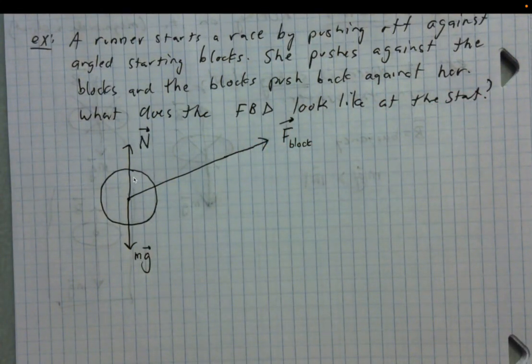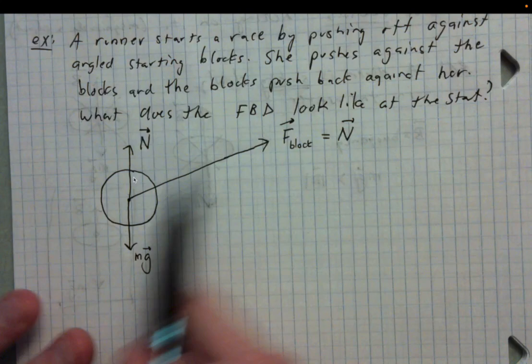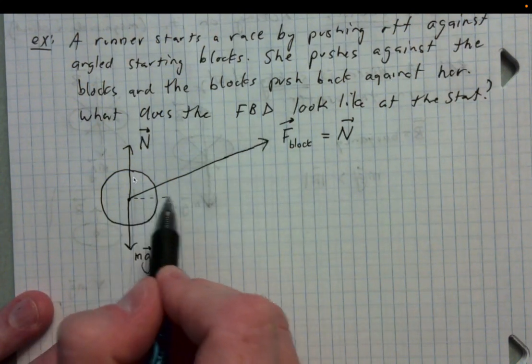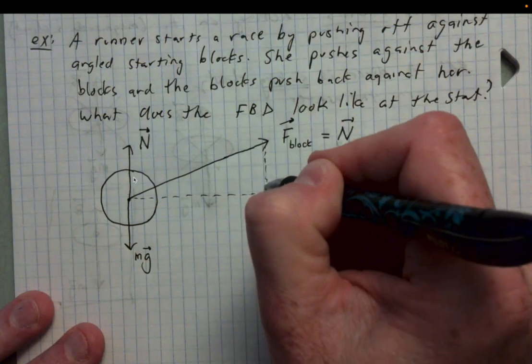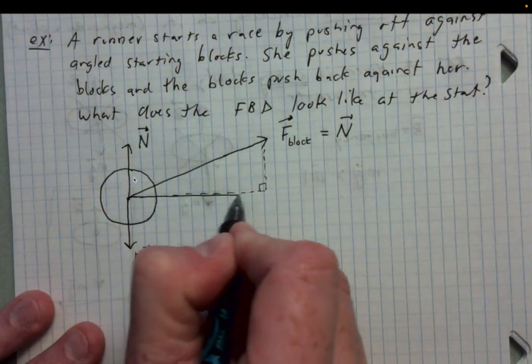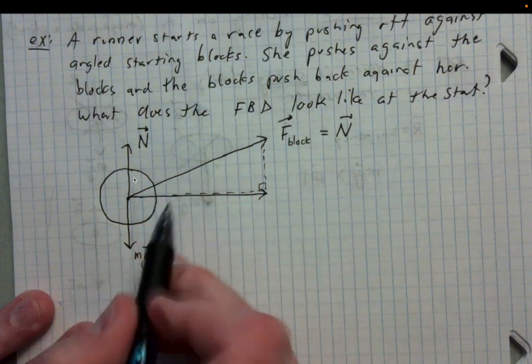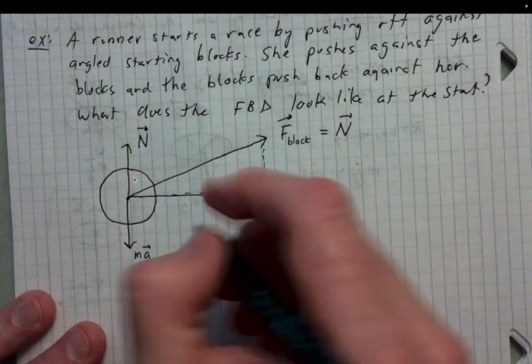Okay. Now we can really think of the force of the block as being basically like a normal force. She pushes against the block, it pushes back. So I'm going to label this as N. But we know that this is at an angle, and so technically it's going to have an X and Y component. So the block is going to push back with an X component and a Y component.